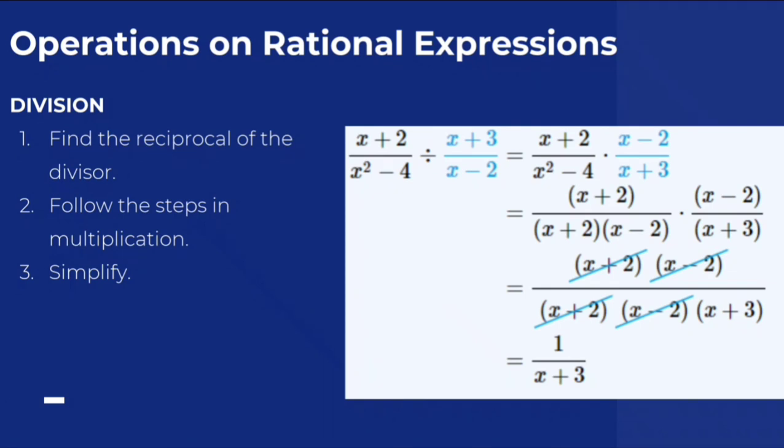So in this case, in this example, the divisor is x plus 3 over x minus 2. So you will just have to find its reciprocal, interchange the positions of the numerator and the denominator. Thus, you'll proceed with the steps in multiplication.